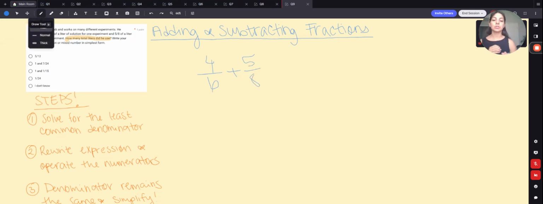So now we need to change them to have a common denominator. We will take both of these fractions and find a common denominator by looking at their least common multiple. Between 6 and 8, their least common multiple will be 24.